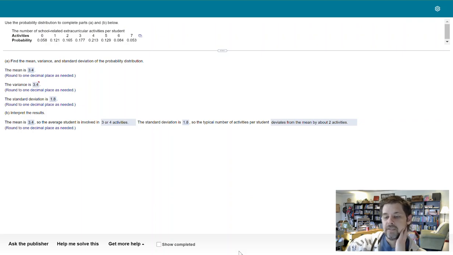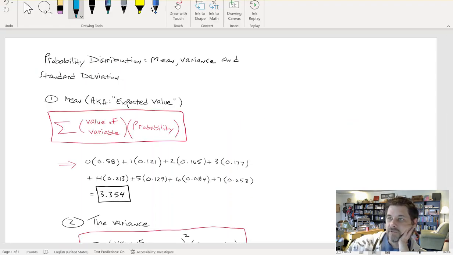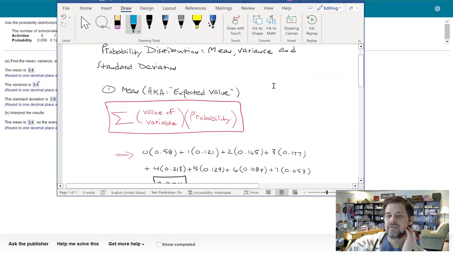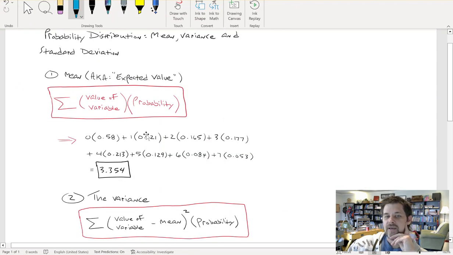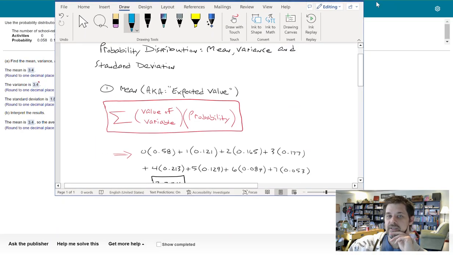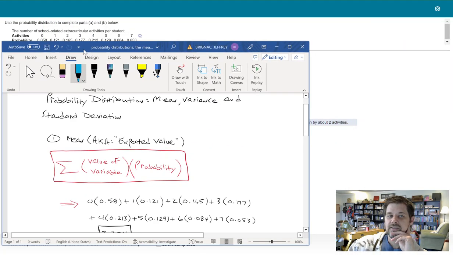So here's how we can do that. First, the mean is also known as the expected value. The way that we find it is we add together the value of the variable times the probability that it takes that value. Let's look at this side by side.